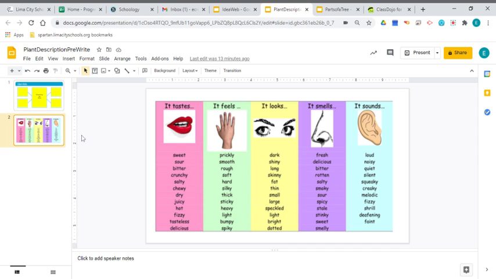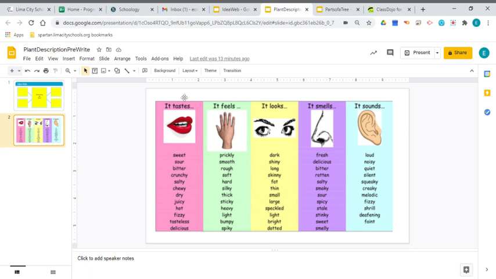When we are describing something, we use adjectives, and a lot of adjectives rely on our five senses: see, hear, smell, touch, and taste. So I've included some examples of adjectives that you might use in your descriptions.